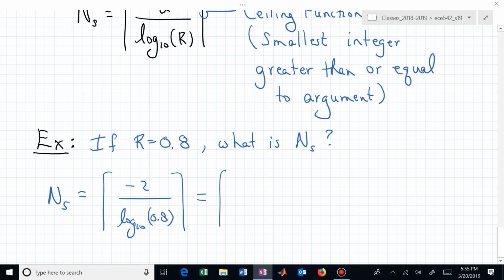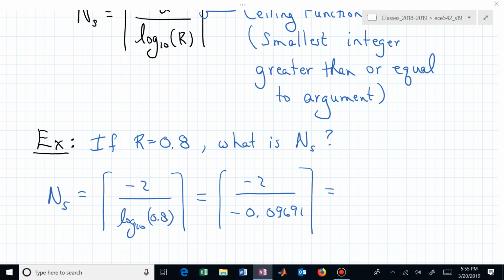And log base 10 of 0.8, if I did the math right, is minus 0.09691. The negative signs cancel, which is good.